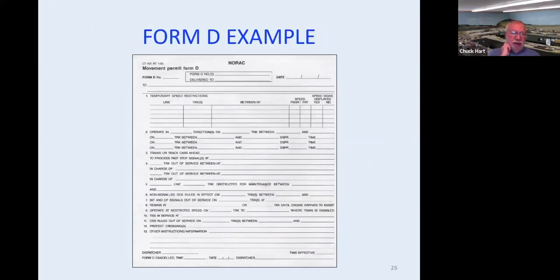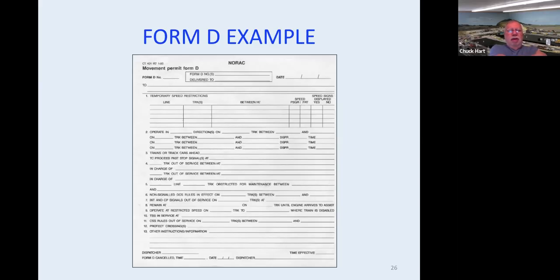Here is Form D. The item on this Form D that NORAC is specifically alluding to is item number 2, which is operate in, and then there's a blank, direction or directions on track such and such, between times so and so.